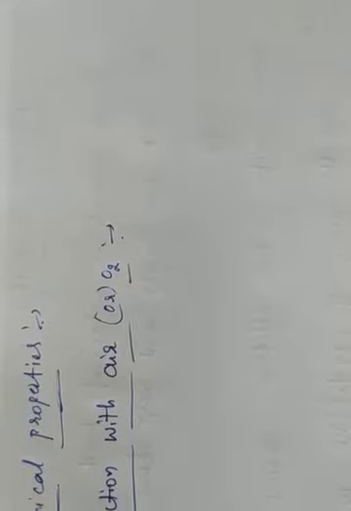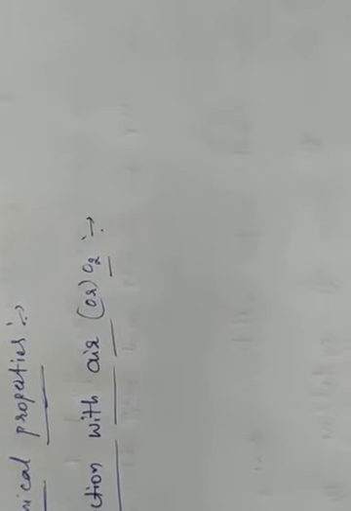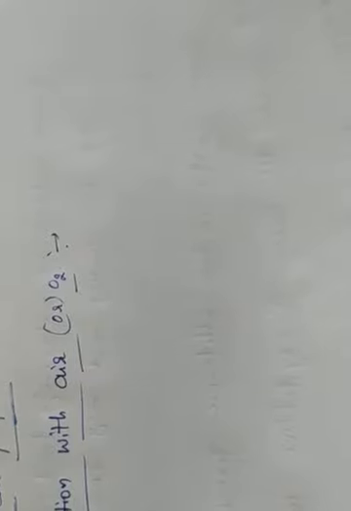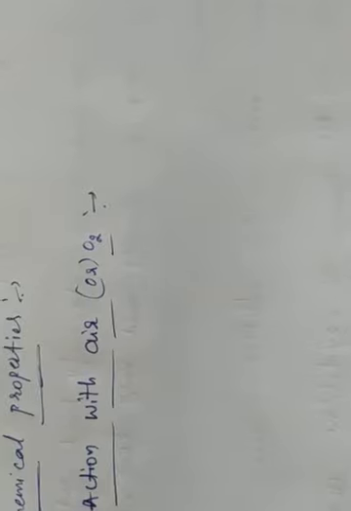Boron exists in two forms. One is crystalline boron; crystalline means a pure solid with an exact structure. The other is amorphous, with no clear shape or form.